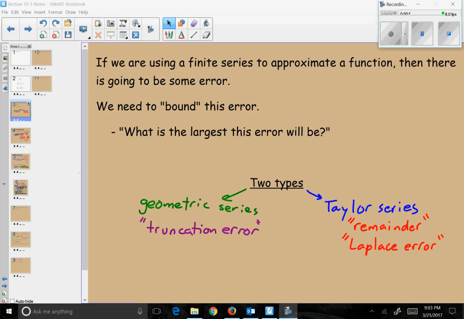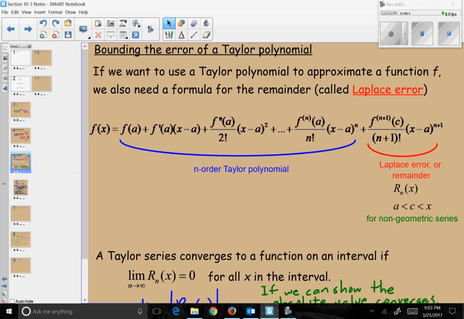And the idea behind remainders with Taylor polynomials is we know a Taylor polynomial is an approximation. It's not perfect. So if we had an n-order Taylor polynomial, remember n is referring to the highest degree of the terms, as well as which derivative we're using of the function, and dividing by that factorial within that highest degree term.